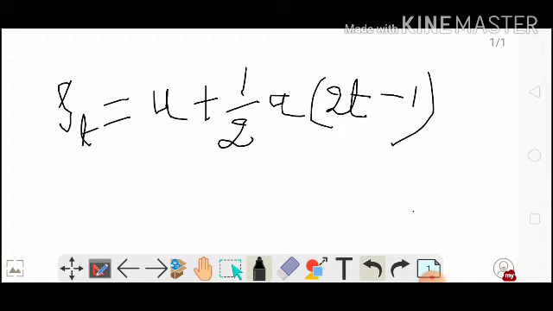okay? Suppose an object is moving with an accelerated motion, then the displacement will increase as the time proceeds, right? In each and every second the object will have different displacement here.